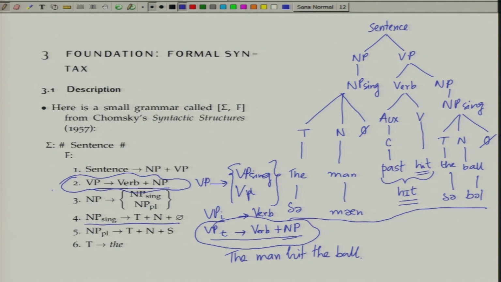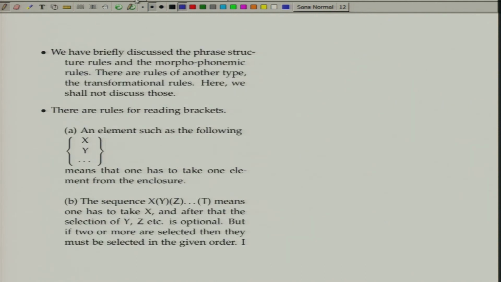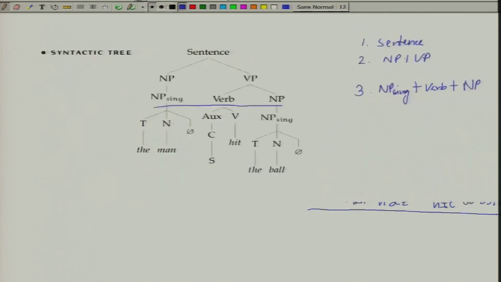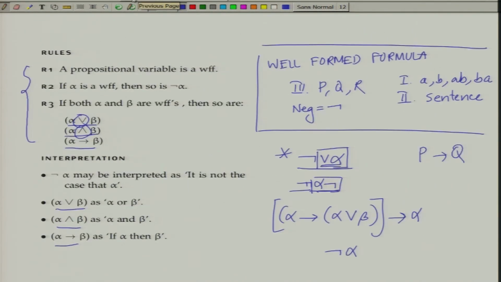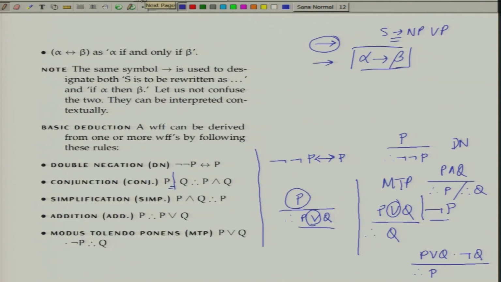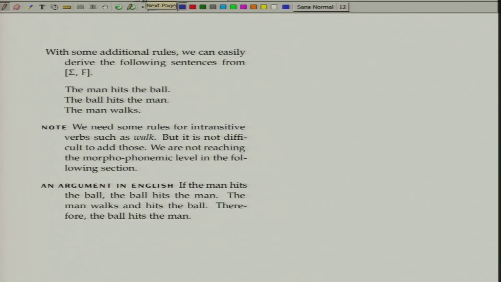Anyways, let us assume that we have added those rules, and now we can make a sentence like John walks. John is not there in our list, so we can change it to the man walks, or the man sleeps.